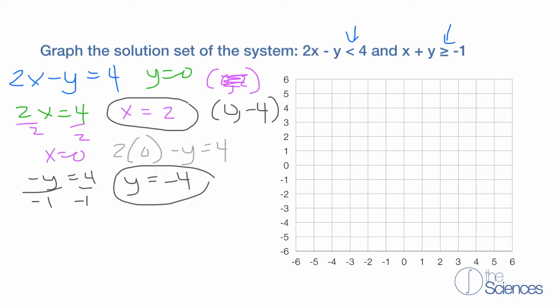So our first coordinate is x equals 2 and y equals 0. So we'll plot that. Start at the origin and go to 2, 0, which is here. Now our second point is at 0, negative 4, which is here.